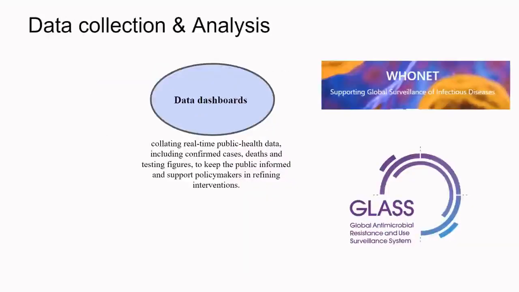Then once data is collected, the data has to be analyzed and disseminated. For that, there are several tools that can be used, and those tools can create dashboards for dissemination of information.